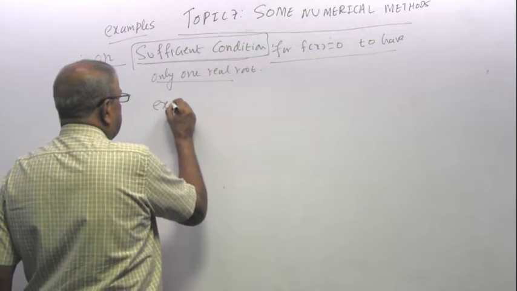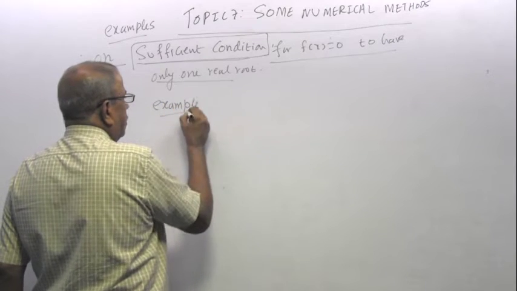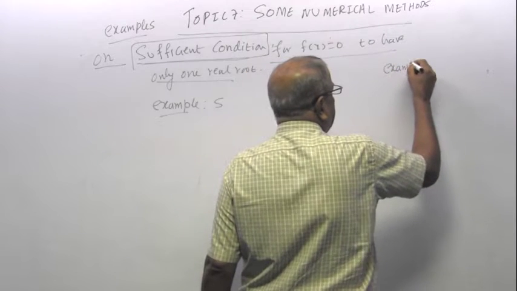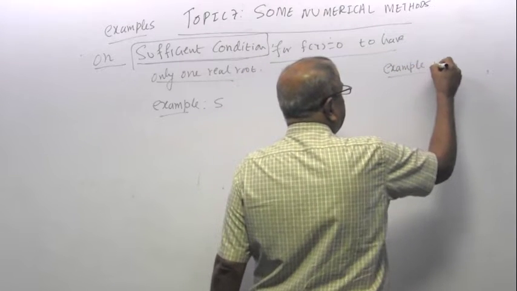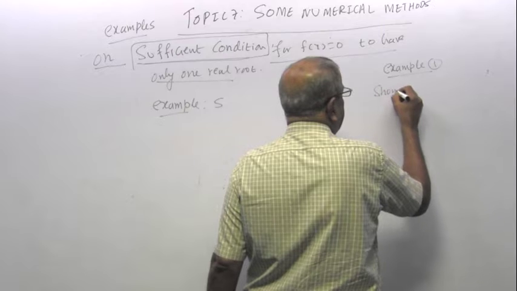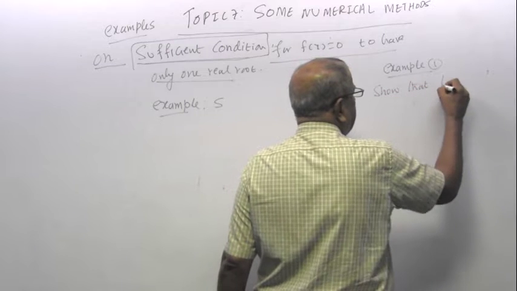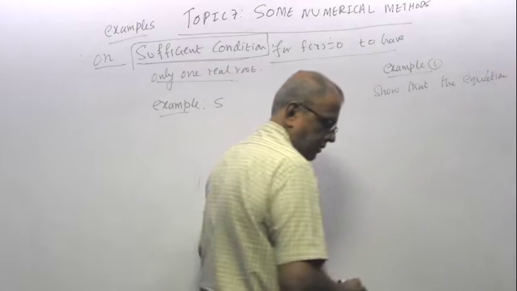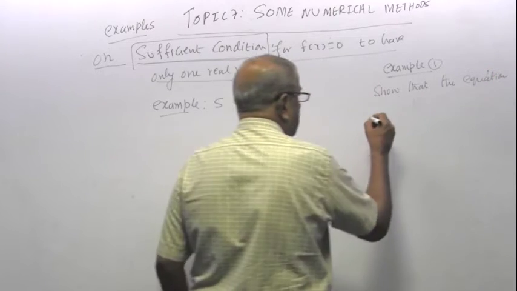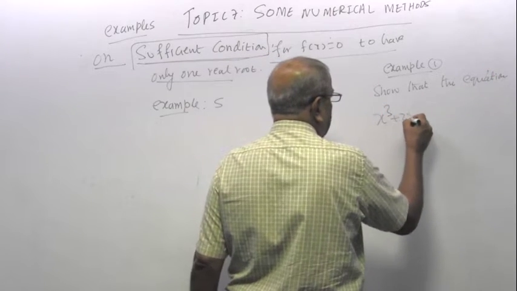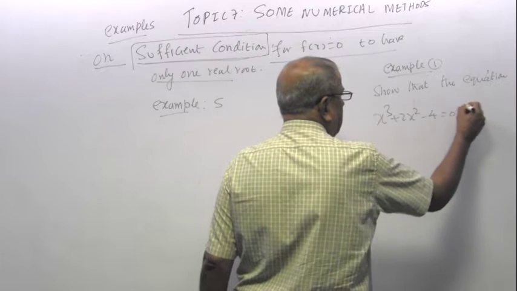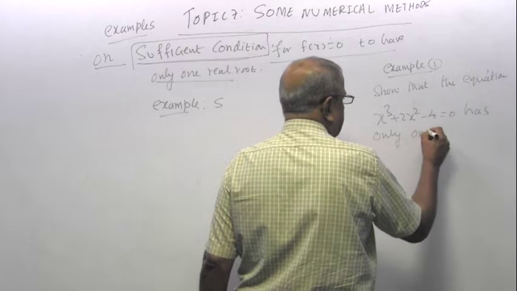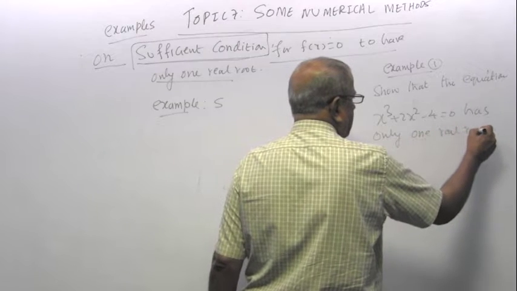Example: show that the equation x cube plus 2x squared minus 4 equal to 0 has only one real root.